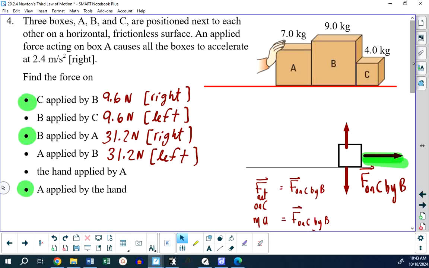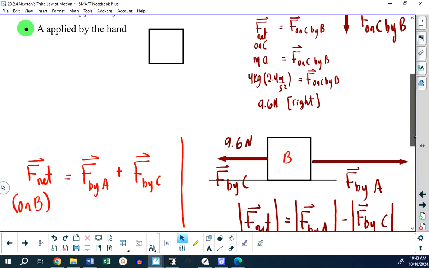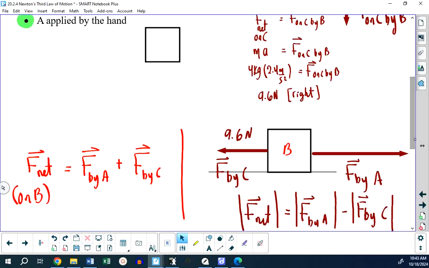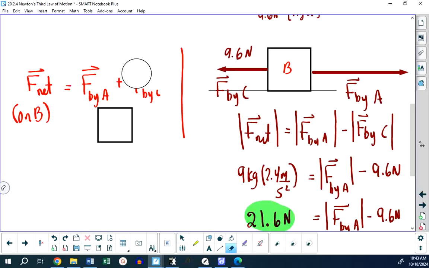So now I'm going to draw box A. So this is now A. I can get rid of this.